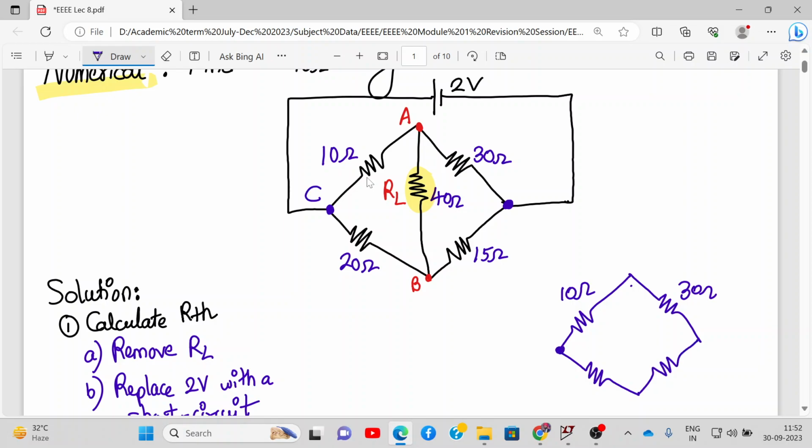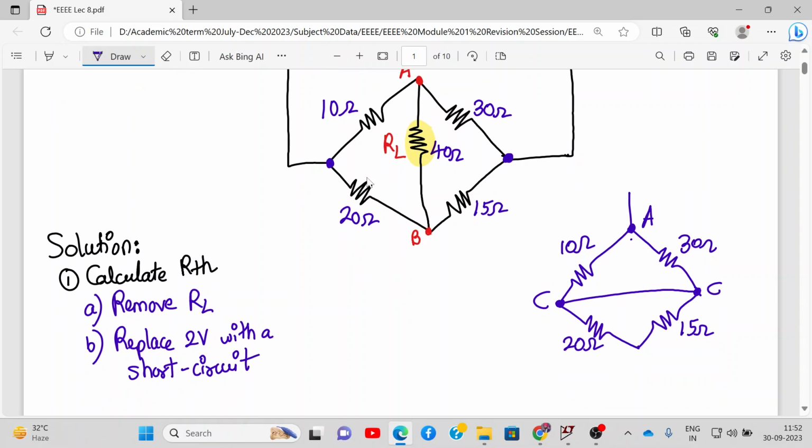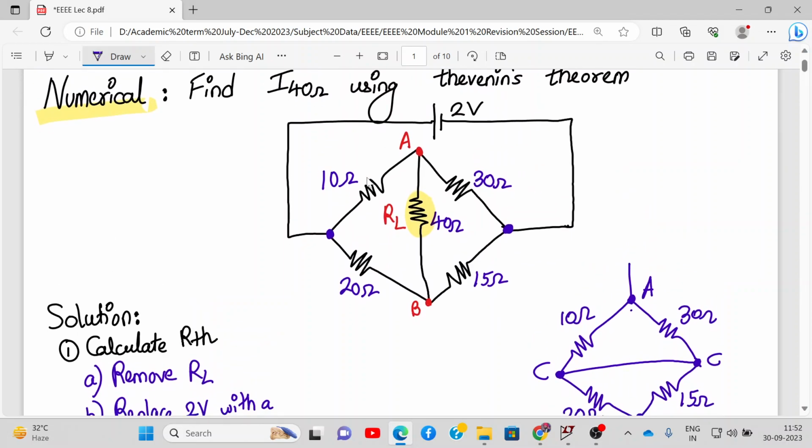Let us mark this point as C. This is point A. This will be 20 ohm. This is 15 ohm. And this is point B. Alright, so this is my equivalent circuit by removing RL and by short circuiting 2 volts voltage source.